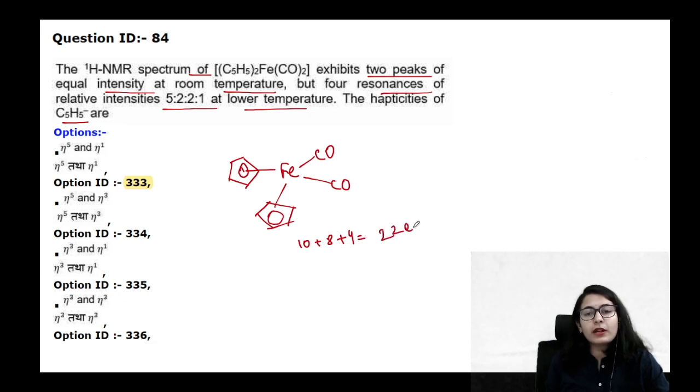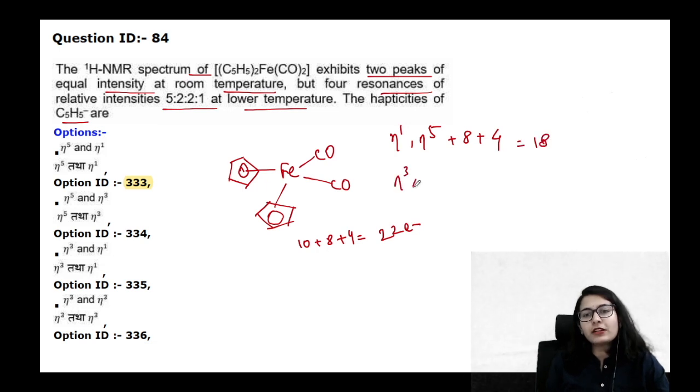This is going to be 22 electrons. You don't want 22 electrons, you want 18 electrons. So both of them will not be eta 5. Let's say I'm making eta 1 and eta 5, plus 8 from the iron and 4 from the carbonyl. So how much do you have? You will have 5 plus 5, yes, you will have 18.